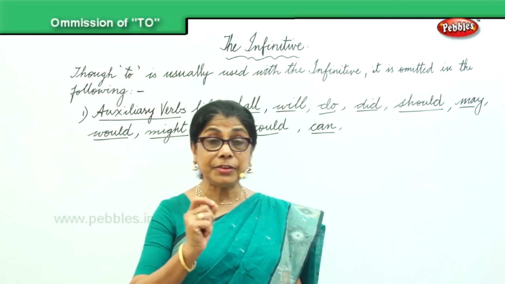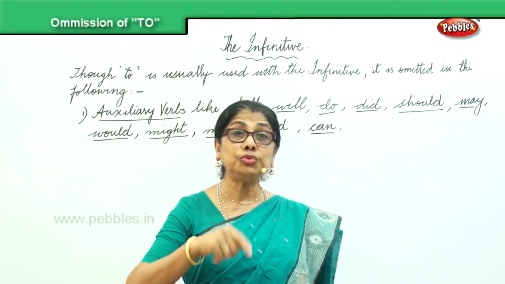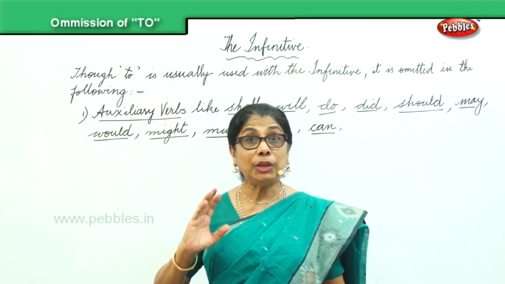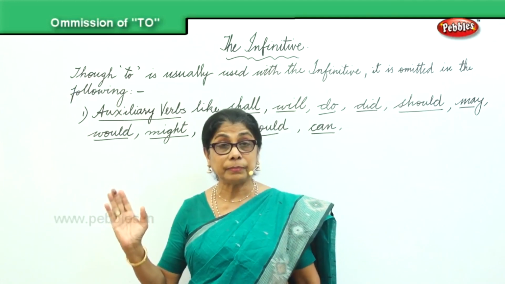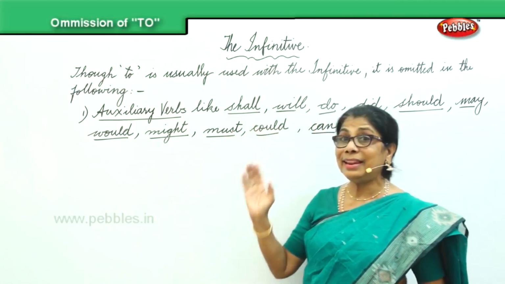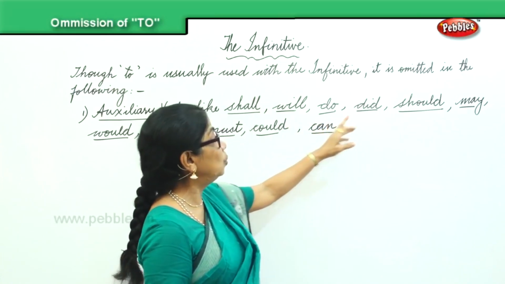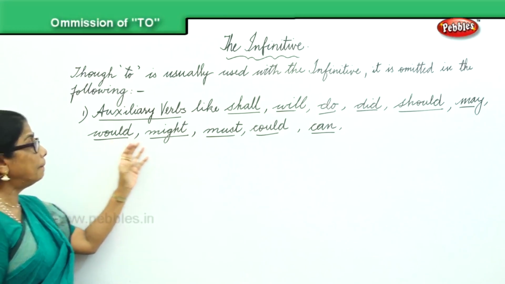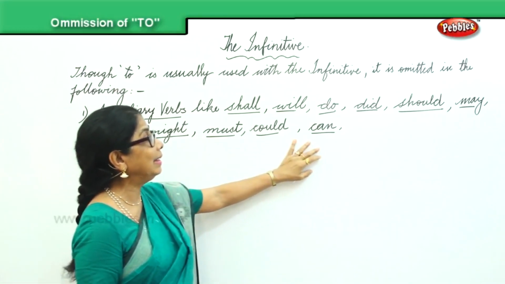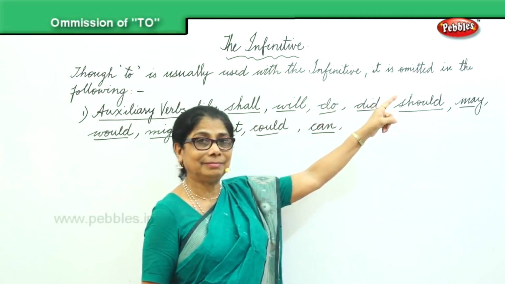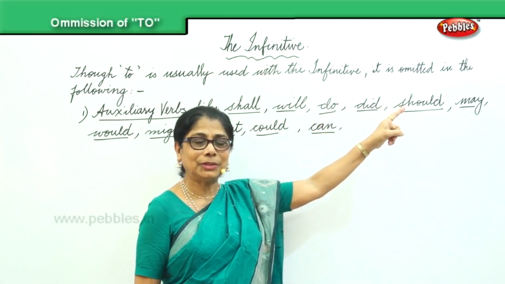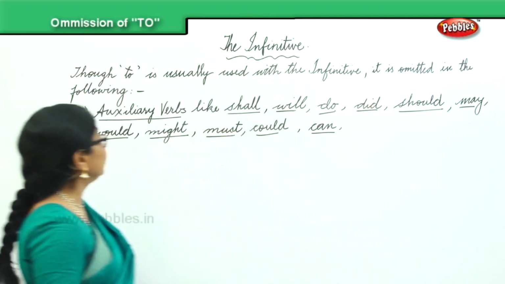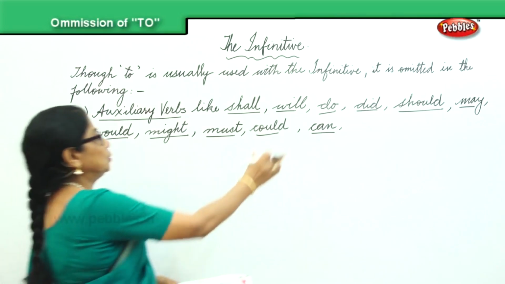To form the infinitive, we have to add "to" to the verb. Then we get the infinitive. When we are using auxiliary verbs like shall, will, do, did, should, may, could, would, might, must, and can, we omit "to". Okay, so how will the sentence be? Example, let's take the word will.